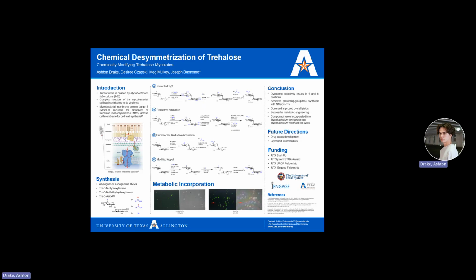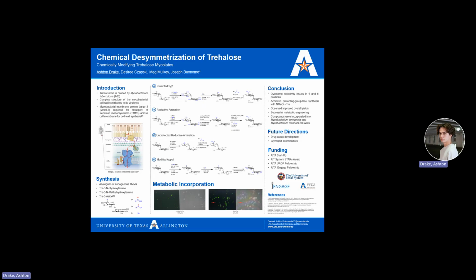Each of these routes showcase the synthetic challenges of developing each of these three probes and the methods that were employed to overcome them. In doing so, we saw improved ability to selectively modify the 6' position in the form of improved overall yields.